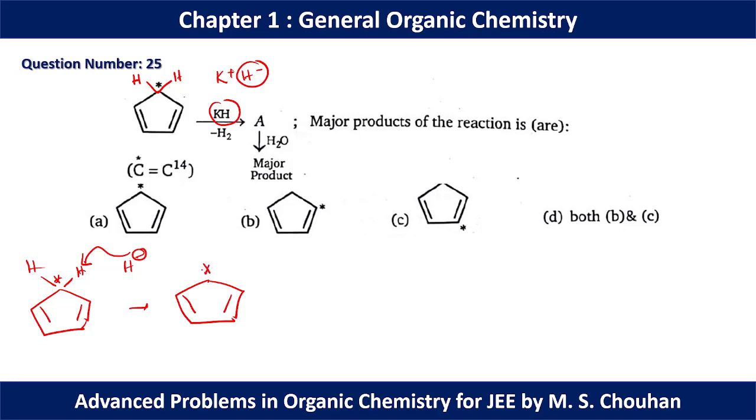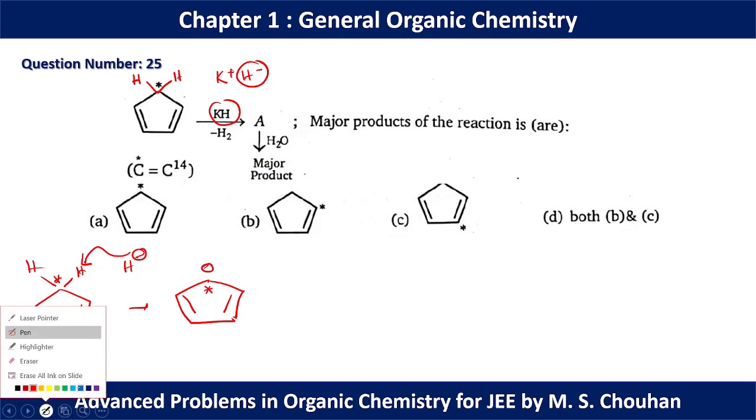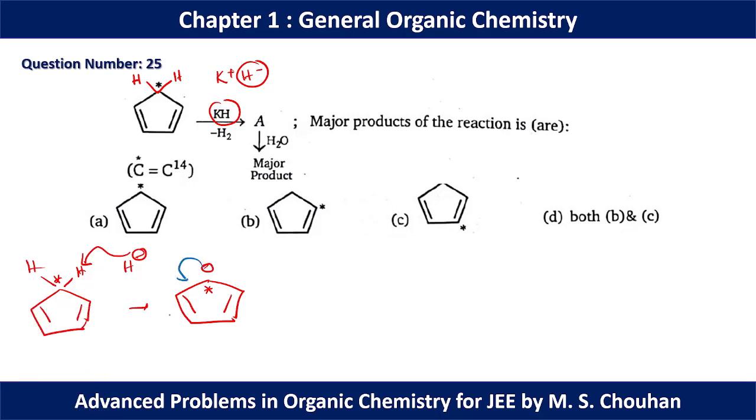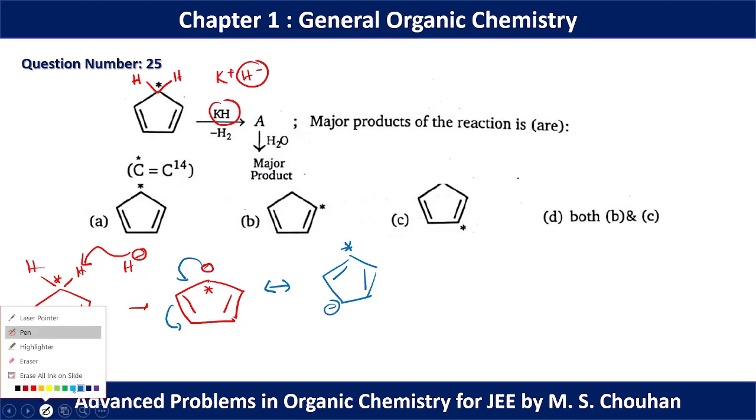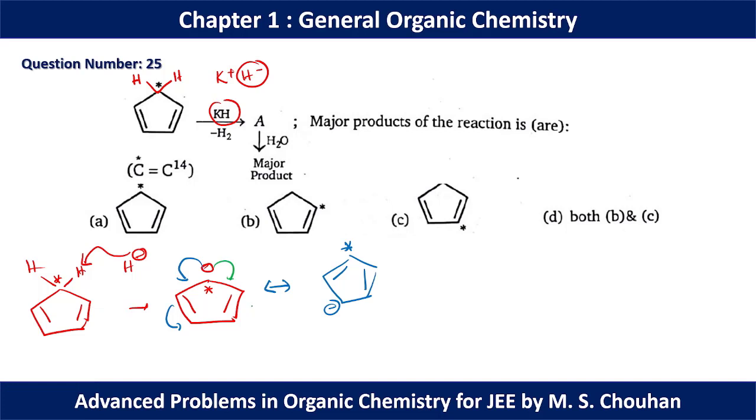Now, as we know that in aromaticity we can have infinite resonance. So we can rewrite the resonating form like this. One of the resonating forms will look like this, and another resonating form will look like this, or this resonating form can be rewritten like this also.